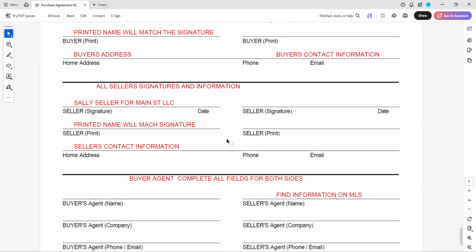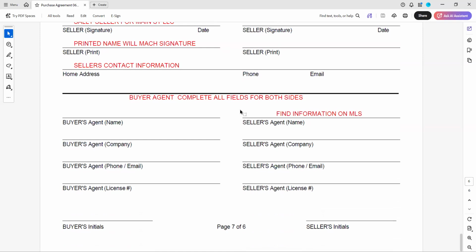If you happen to notice when you get your offer back that someone signed Main Street LLC and they didn't put a person's name there, you can ask them for the person's name if they don't have it printed on there. But we can't really police what other people do, right? We just need to make sure that our stuff is going to be correct.